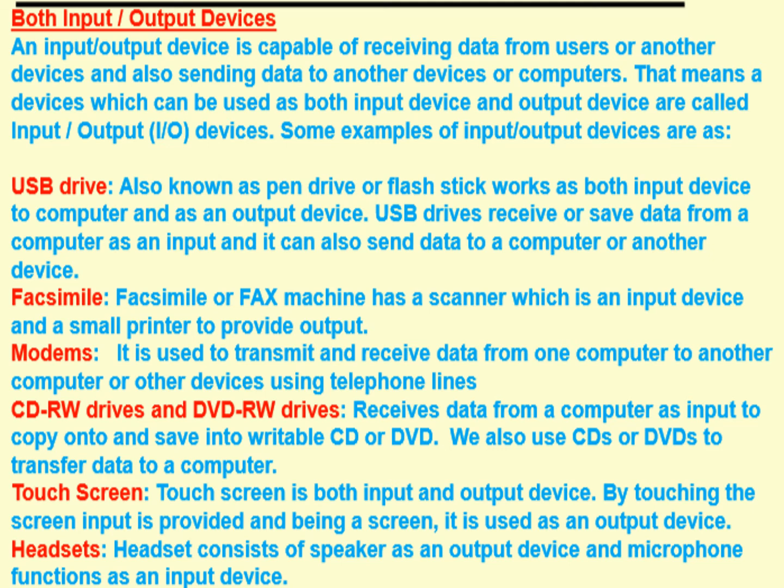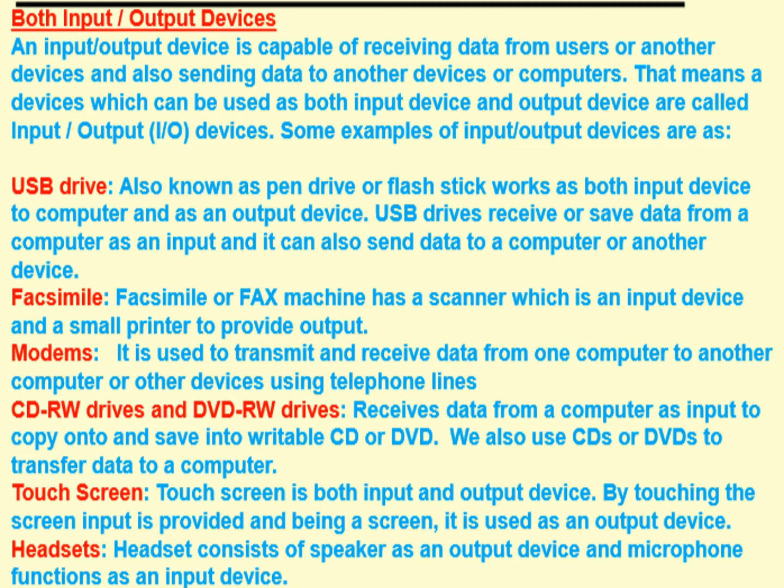The next topic: there are a few devices which act as both input and output. One way or the other, they accept some input and then give us back some output. One such device is USB, your pen drives which you are using. Second is a fax machine, which acts as a scanner, but it also provides a print, that is in the form of output.